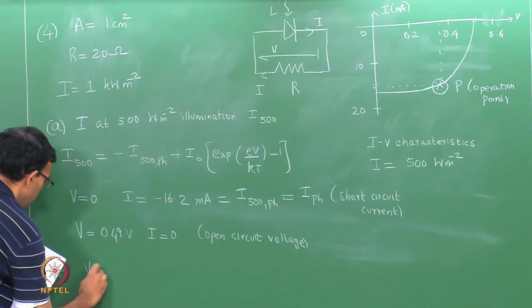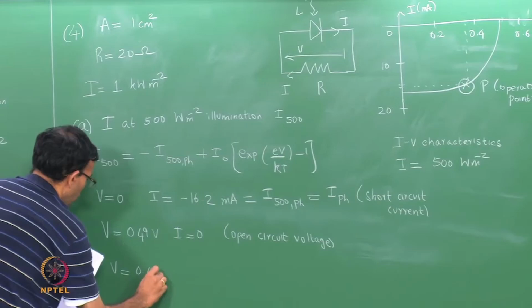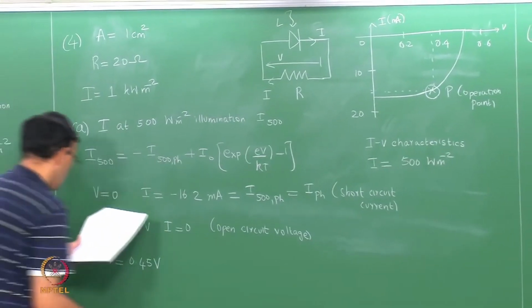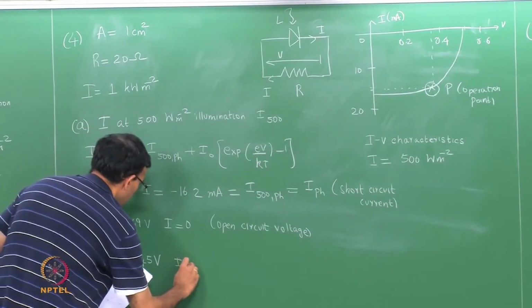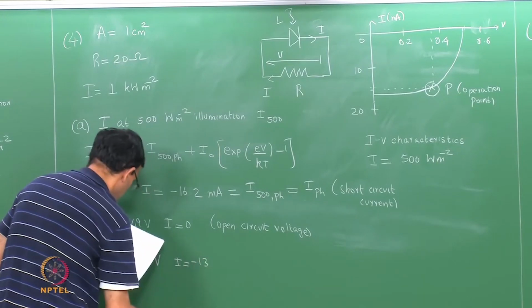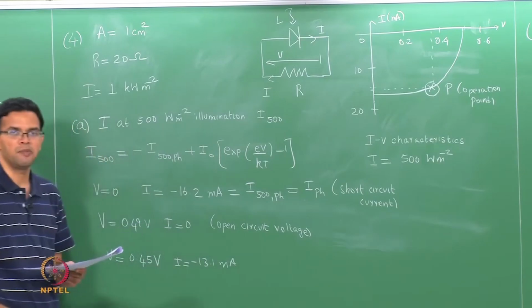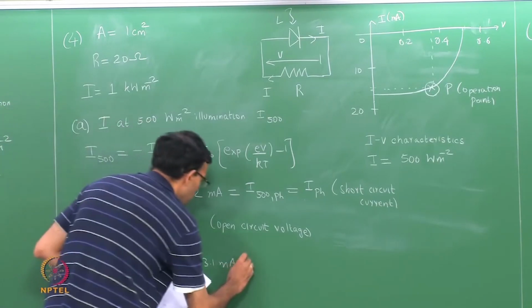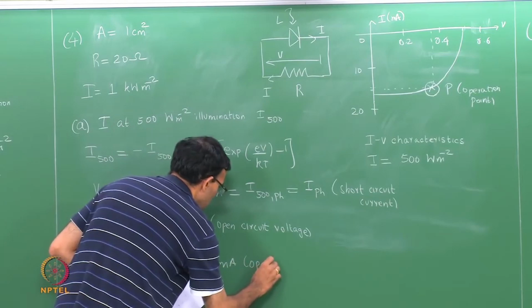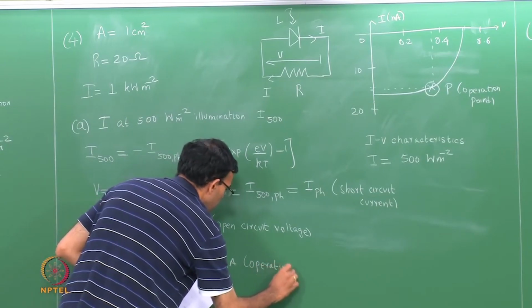So, V is 0.45 volts and the corresponding current I is minus 13.1 milliamps. So, this represents the operating point for the circuit.